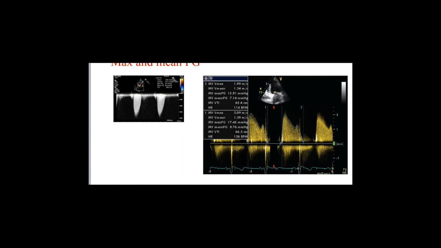After he exercises, or today he is a bit volume overloaded for some reason, his gradient is 12. So the range of the pressure gradient occupies a wide area depending on the loading condition, the heart rate, and the amount of flow. You have to remember, your hemodynamic data might change depending on the change of the hemodynamic status.